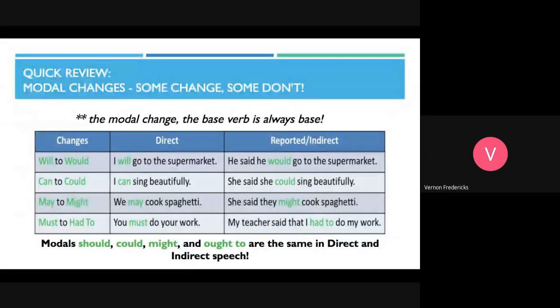So these four stay the same. But the other four change: will to would, can to could, may to might, and must to had to. Very, very important, students.